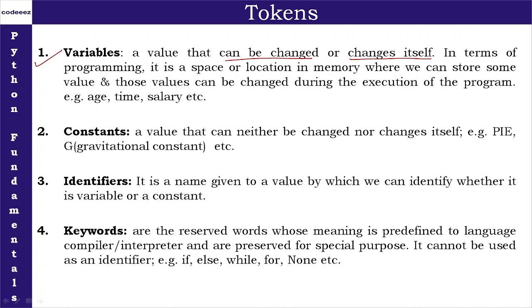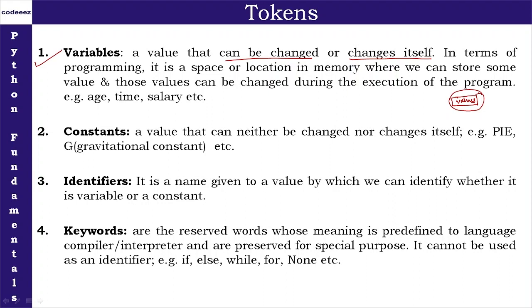Now in terms of any programming language, what is a variable? Here we define a variable as a space in memory where we can store some values, and those values can be changed during the execution of the program. This is what a variable is, right?